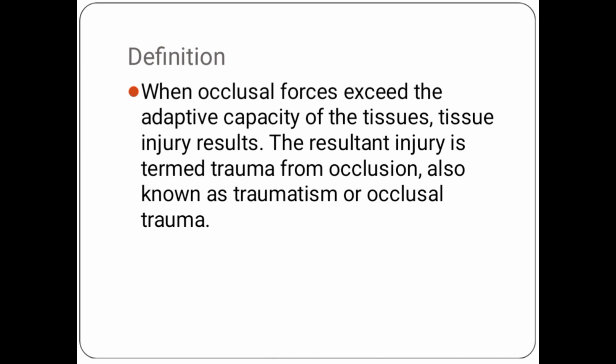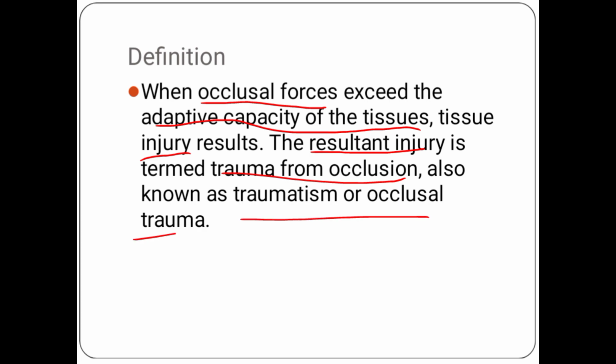Now, definition. When occlusive forces exceed the adaptive capacity of tissues, this causes tissue injury. The resultant injury is termed trauma from occlusion, traumatism, or occlusive trauma. So when the forces exceed the capacity of the tissues, it causes injury, and this injury is what we call trauma from occlusion, traumatism or occlusive trauma.